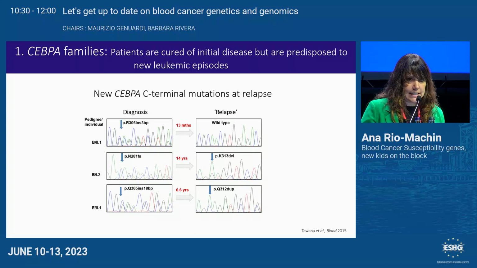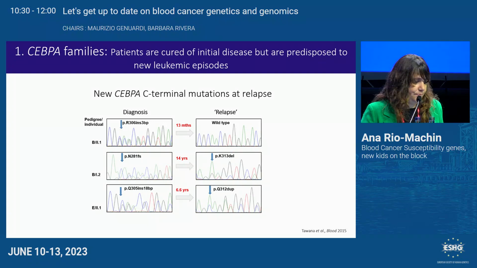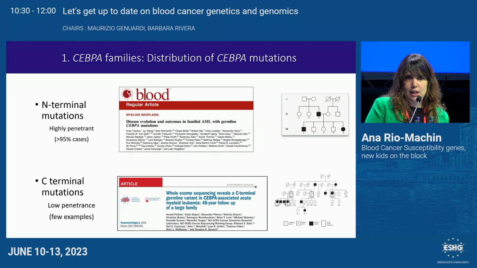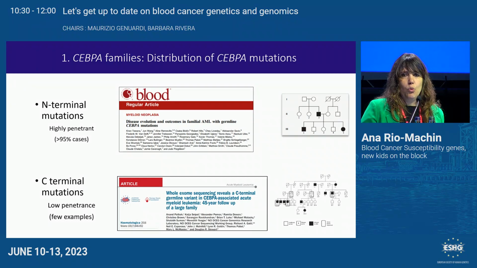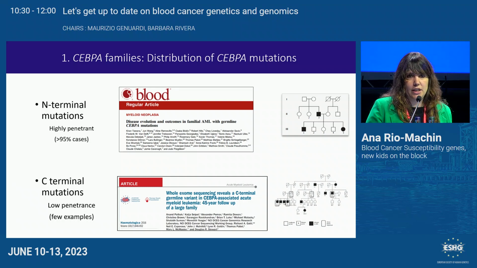leukemia episode. And this is interesting because this doesn't happen for other predisposing genes in acute myeloid leukemia, such as DDX41. So we have these patients with the N-terminal germline mutations with a very high penetrance, more than 95%. But we have some examples of patients where the germline variant is located in the C-terminal domain of the protein.